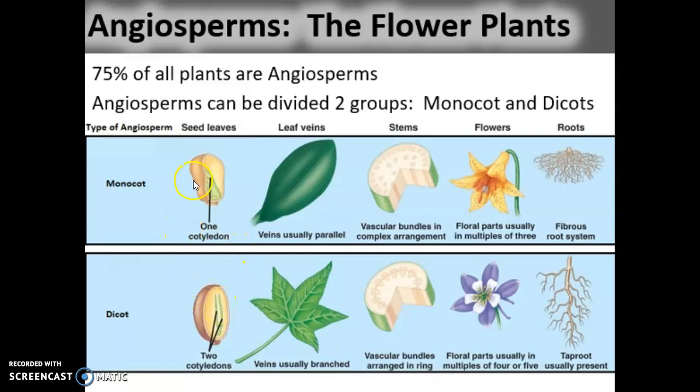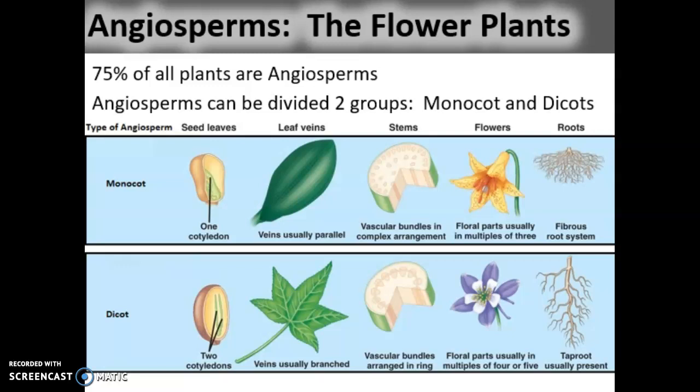Now, inside of each of these seeds, monocots and dicots, you have the embryo. And monocots actually get their name because that embryo, that baby plant inside that seed, has what they call one cotyledon. A cotyledon is defined as the first leaves that are built into that embryo.